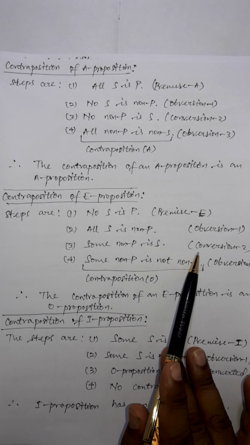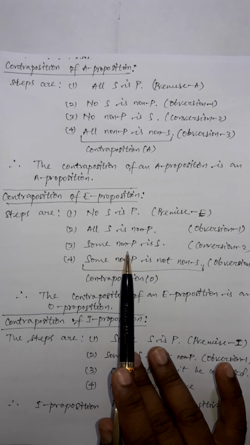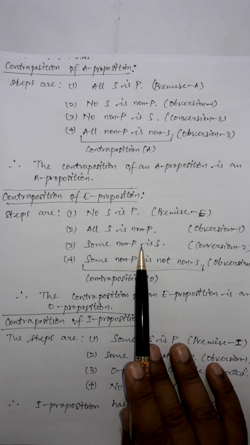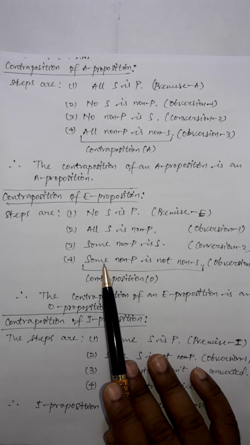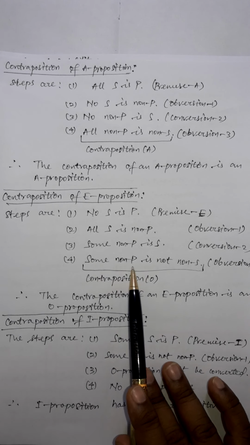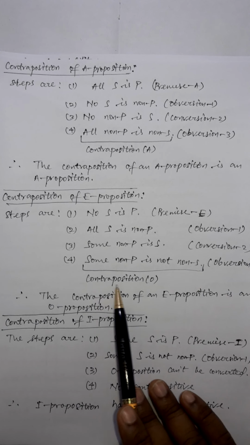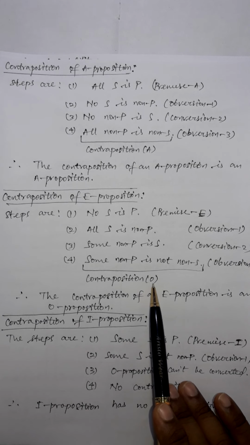Then if we apply conversion on the second step, we'll obtain "Some non-P is S". And again after applying obversion on the third step, we'll get "Some non-P is not non-S", and it is an O type of proposition.